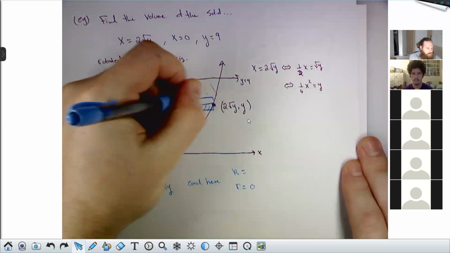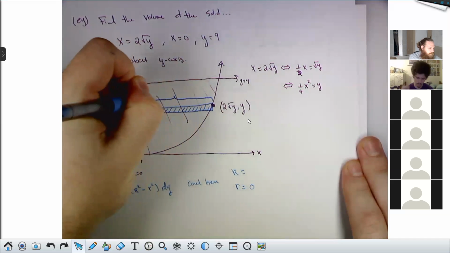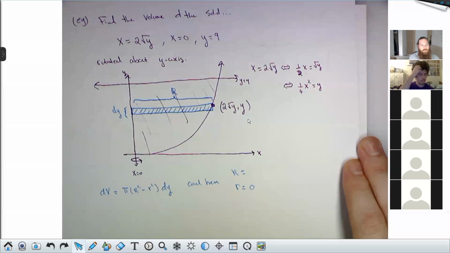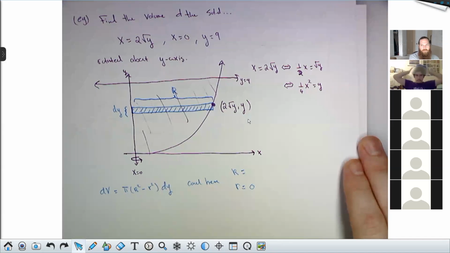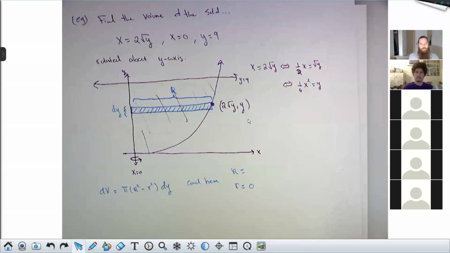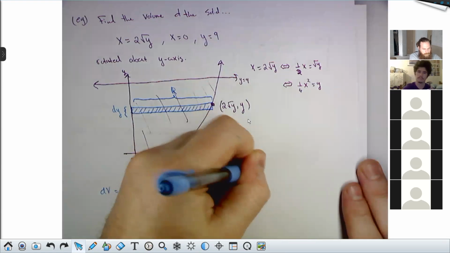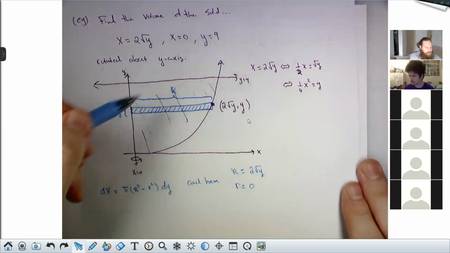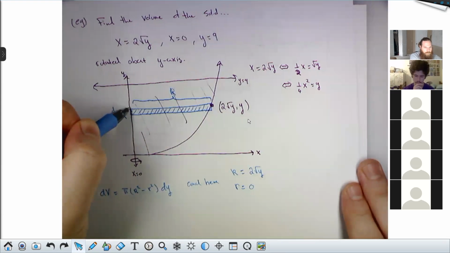Big R is always the distance from the far end of the strip to the axis of rotation. That's this distance. What is that? That's going to be 2 square root y. Beautiful. Right? I take the x value here minus the x value here. The x value here is 0.